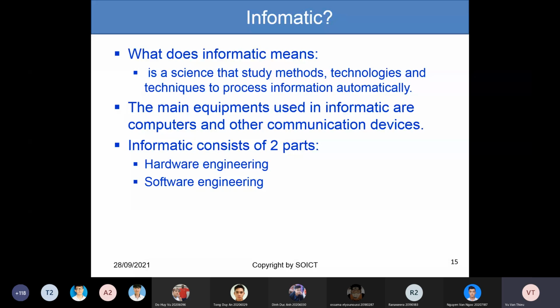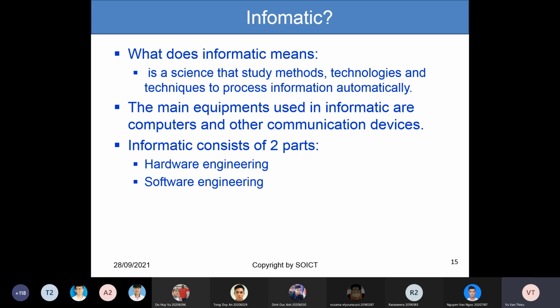So at the beginning, informatics was very close to mathematics, but they studied the method, the approach, the algorithm, how to process information automatically. And of course, the main equipment used in informatics are computers and communication devices.